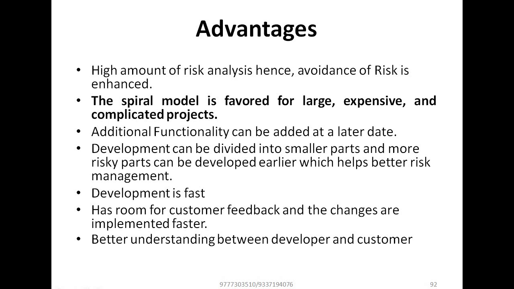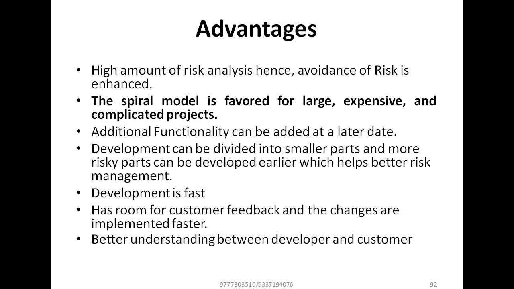Next, what are the advantages of the spiral model? We have already discussed one advantage, that is risk analysis must be there. Avoidance of risk is enhanced. If any type of risk is there, that may be handled or avoided. Second advantage is the spiral model is for large and expensive complicated projects.